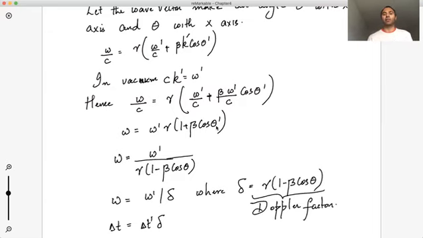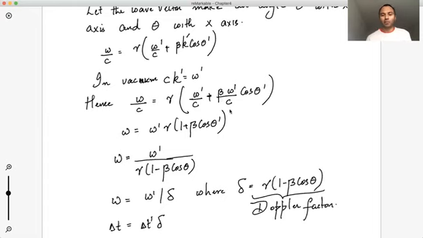And the primed frame is usually always going to be the frame in which the particle is at rest, which is emitting, right? That's the common terminology we are going to use. But anyhow, in this case, it doesn't matter what the k and k prime frames are, other than the fact that beta is the velocity of the k prime frame with respect to the k frame.